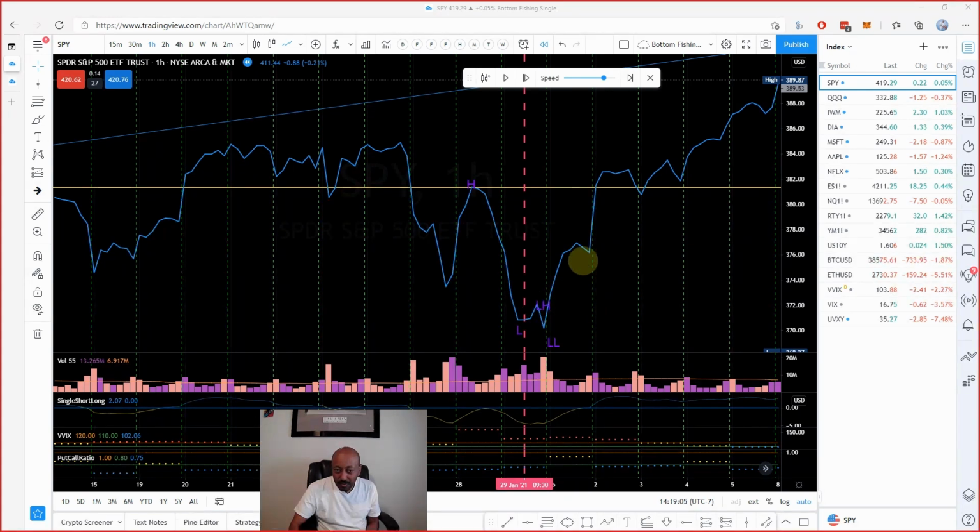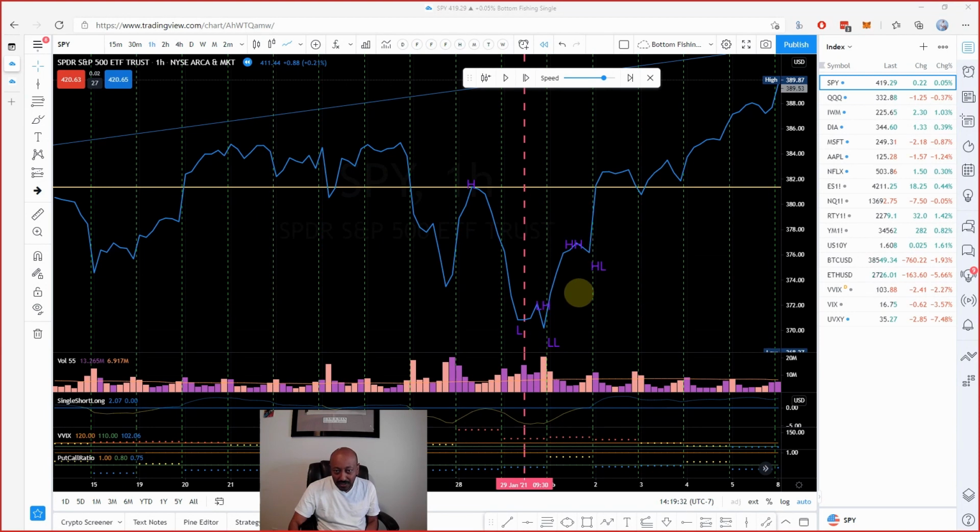So what is this right here? That is a lower high, right? Or a higher low. A higher low. So you know already that we are no longer making a new low. We're starting to reverse from that new low. What is this? A higher high.